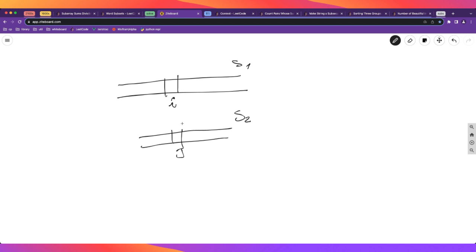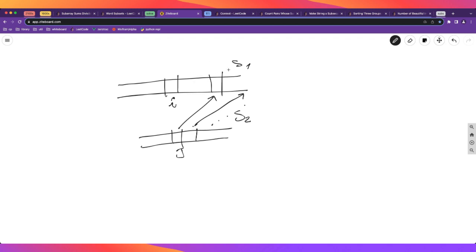Let's say that we don't consume it, that we skip it, and so eventually we're going to have to match, instead of matching this to this, we're going to match this character to some other position. To find a subsequence, we have to match all the values, so this is going to match somewhere along those lines and so on.